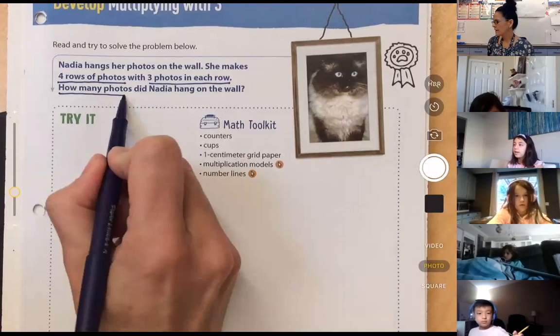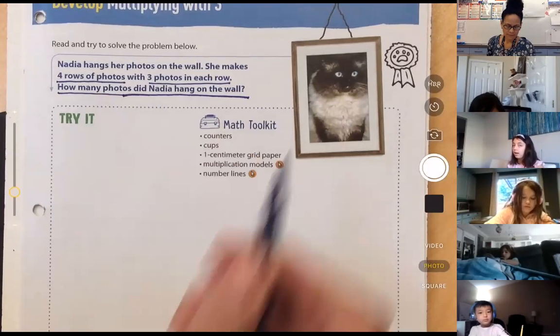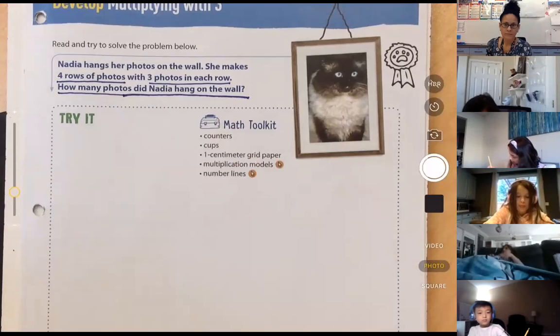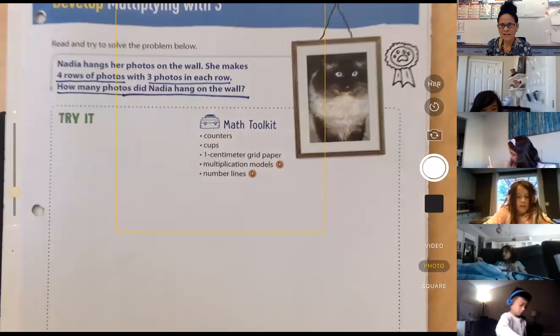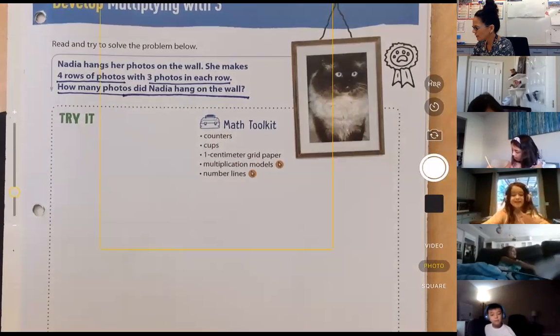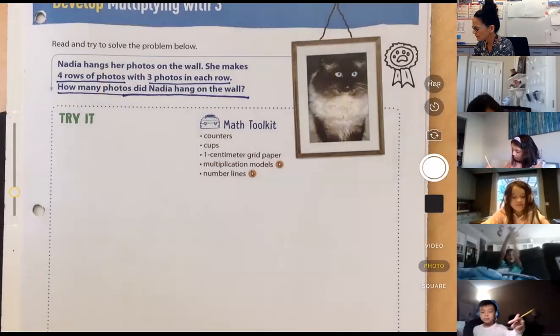And so we can take a look at that array, and we can do some quick addition, kind of see what we're working with. So I'm noticing that each row has 3.